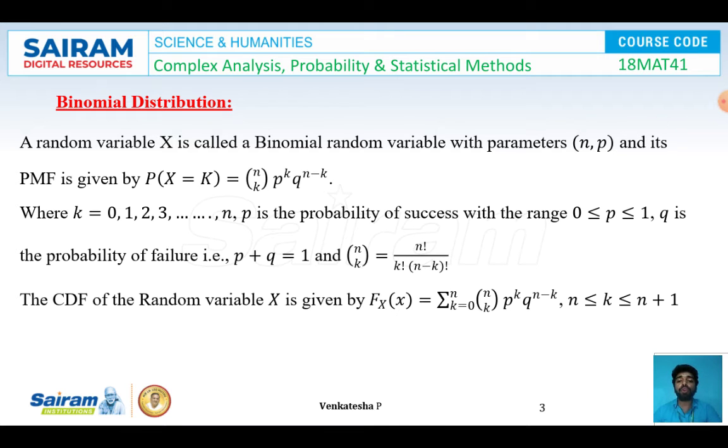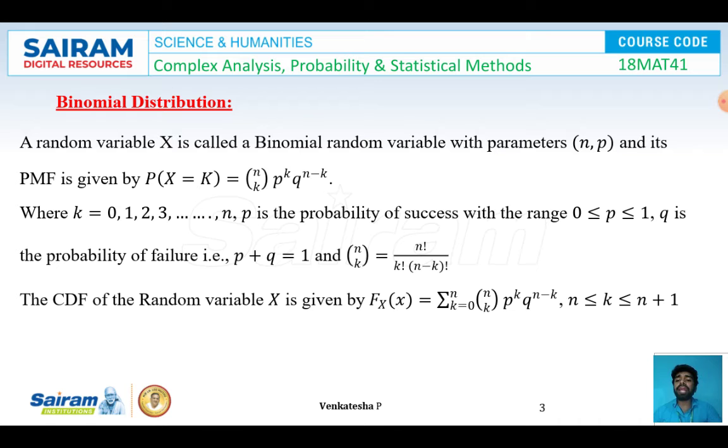To find the value of q, we have the formula q = 1 - p, and nCk is a combination, given by n factorial divided by k factorial into (n - k) factorial.